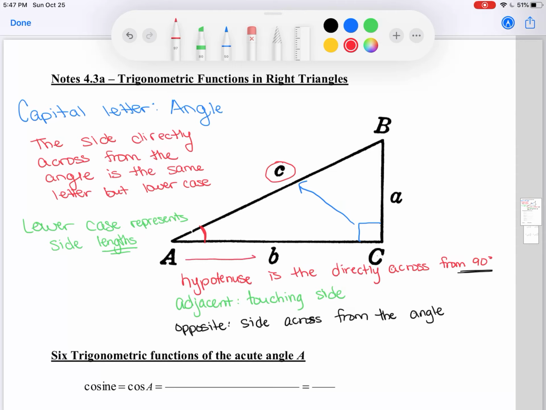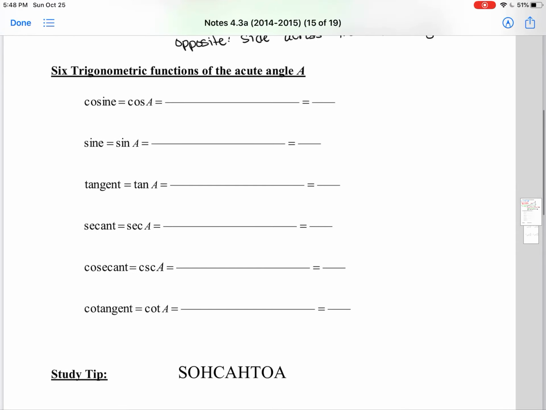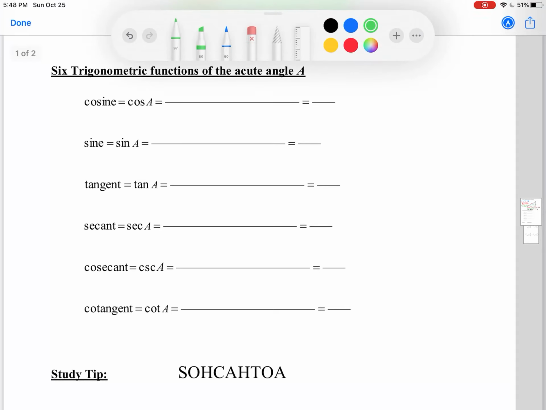If I have this angle A, I know that the hypotenuse is still C because it's still the side length across from the 90 degrees, but my touching side would be B. So my adjacent side to angle A would be the lowercase letter b. And if I looked for my opposite side, it would be the one directly across from my angle, which is side lowercase a. So when we talk about adjacents, opposites, and hypotenuses, that is where we are getting them from.